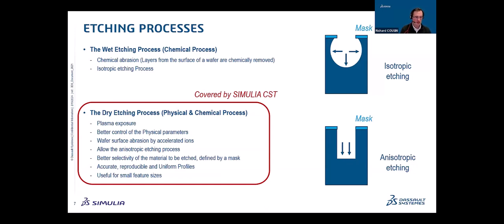And then you can really perform the plasma simulations of the plasma reactors that you need also in this context. You have a better selectivity of the materials to be etched, defined by the mask. These are accurate, reproducible and uniform profiles that you can also consider, and that's useful, as I said, for small feature size.